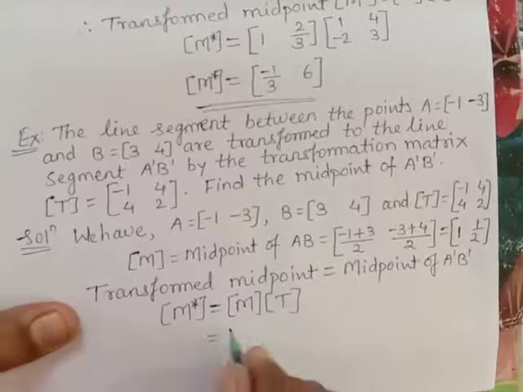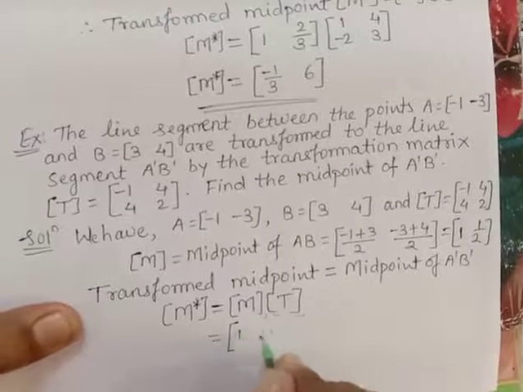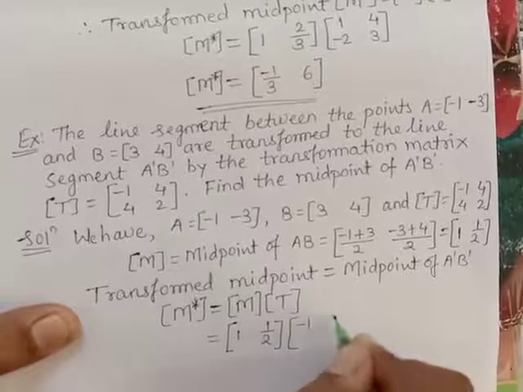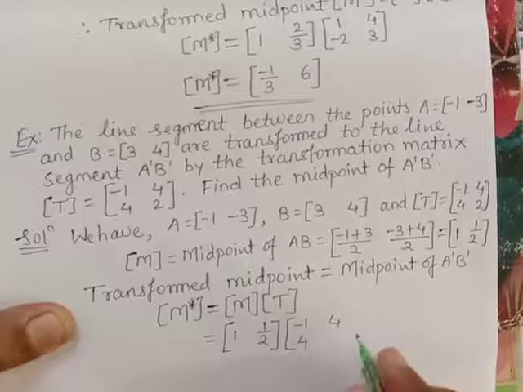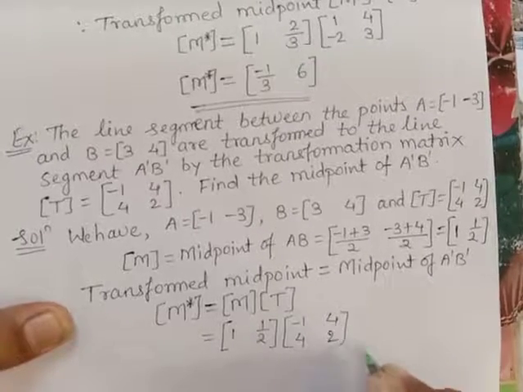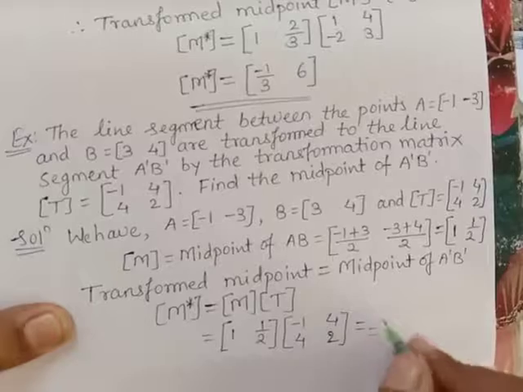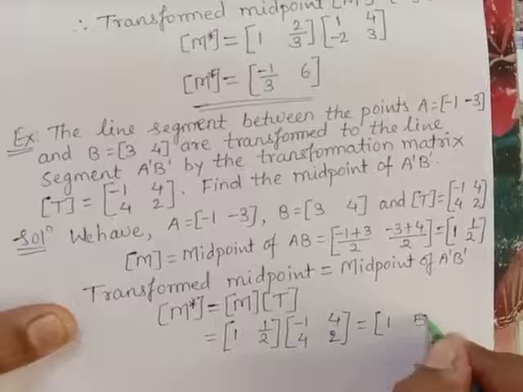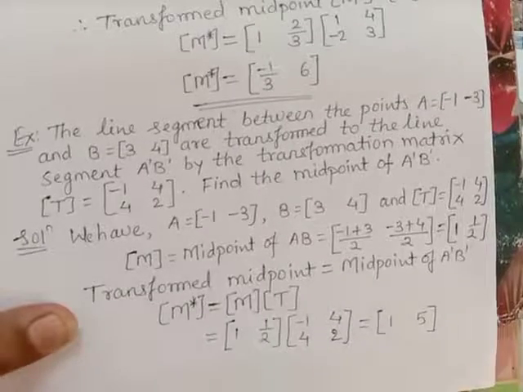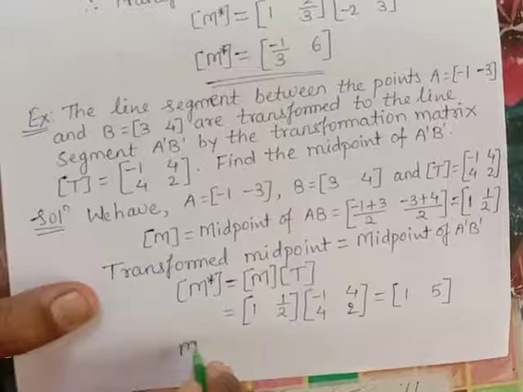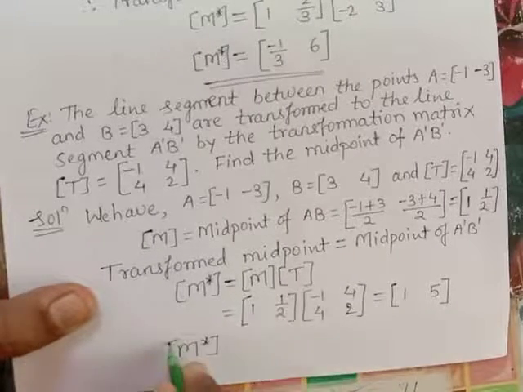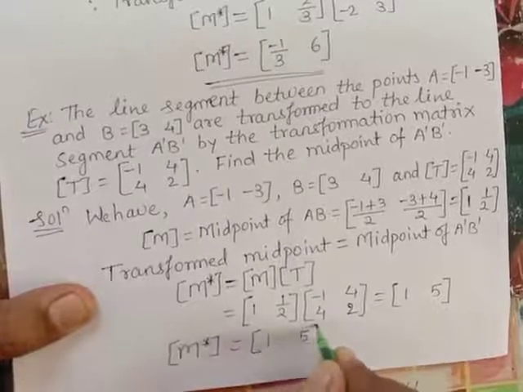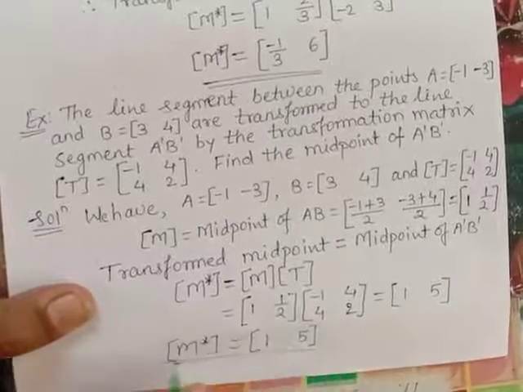So M is (1, 1/2) and T is [-1 4; 4 2]. This product gives the answer (1, 5). So here M star is (1, 5). This is our final answer.